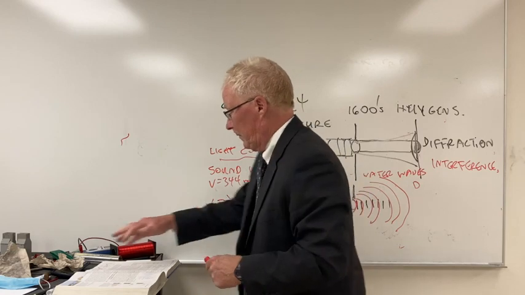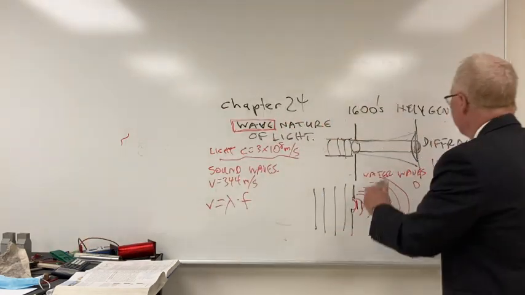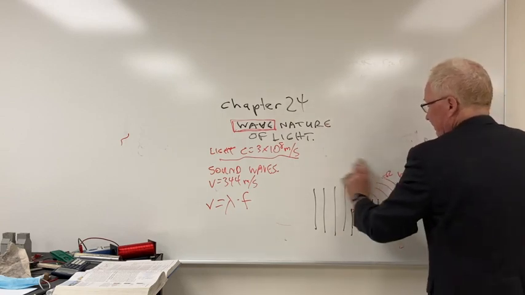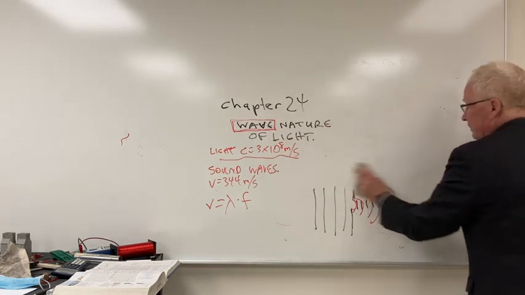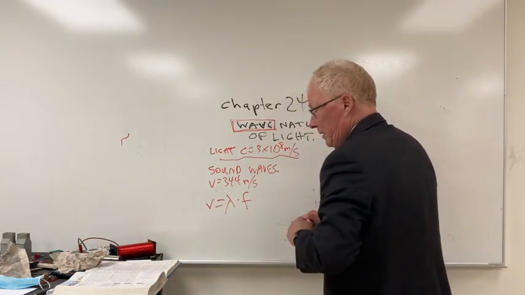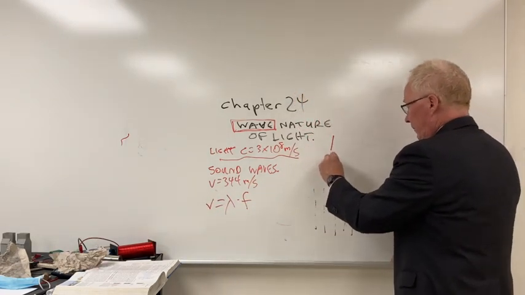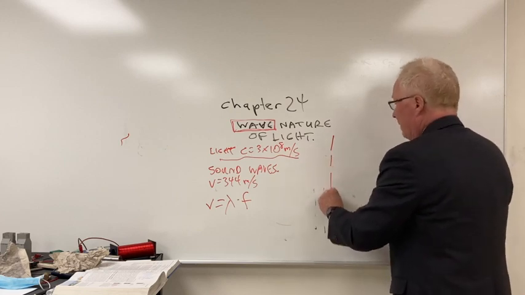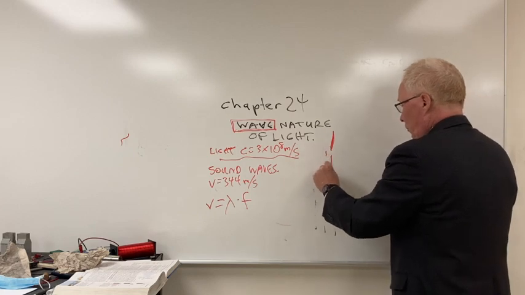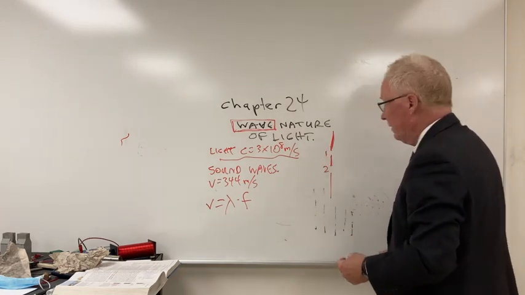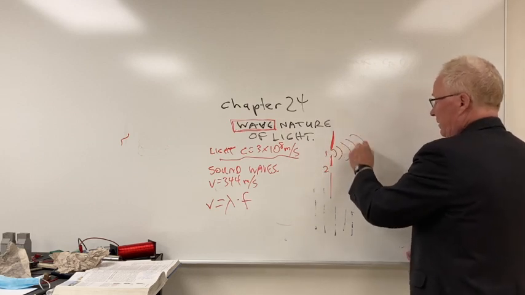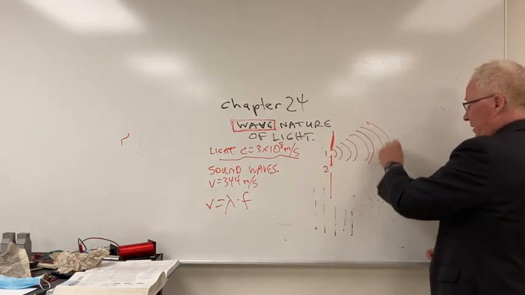So what we have, and you'll get a better idea, is this. If we have 2 points, 1 and 2, and light comes through here, it'll create, like the sound waves, light that will come out like this.